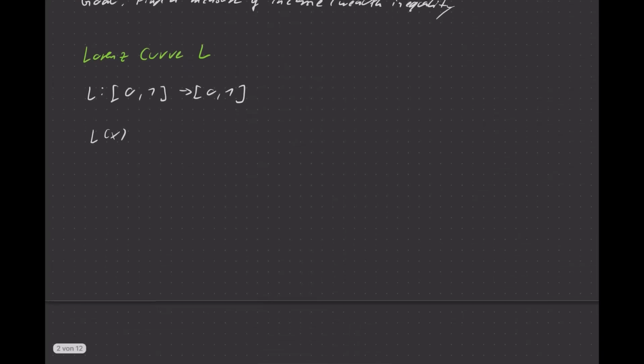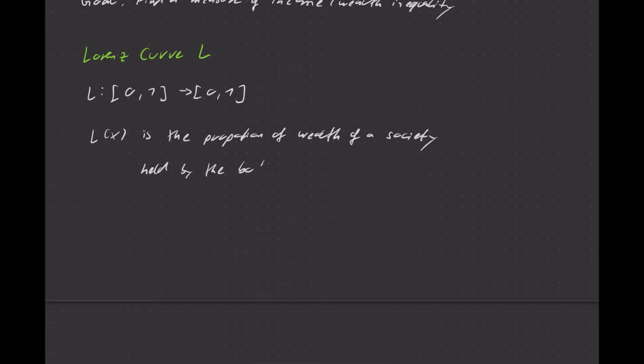Okay, so that's the definition of the Lorenz curve. So this is the proportion of wealth of a society, or of income earned in a society, that is held by the bottom x of the population.